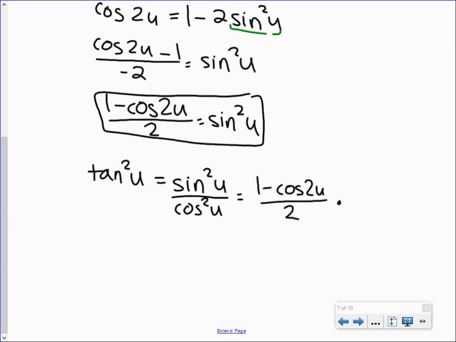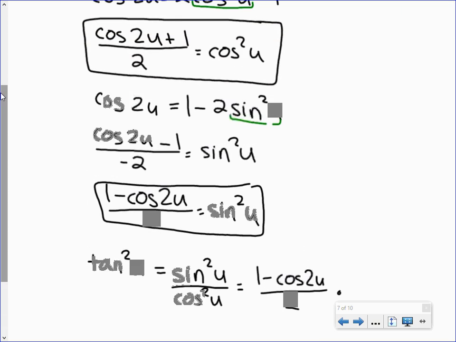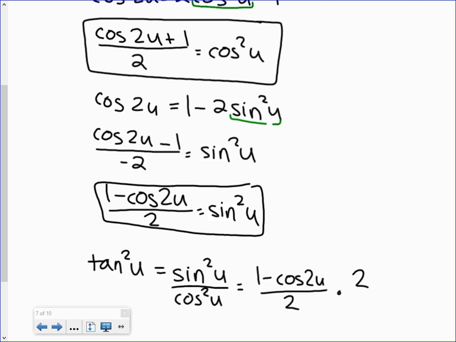And I would divide it by the cosine squared. But by dividing by the cosine squared, I'd really be multiplying by this reciprocal. So times 2 over cosine 2u plus 1. And then what happens real nicely for you?